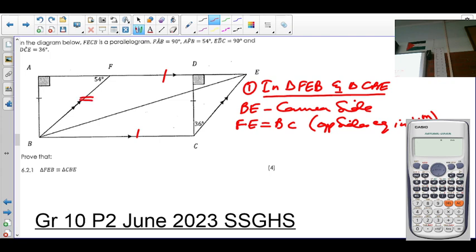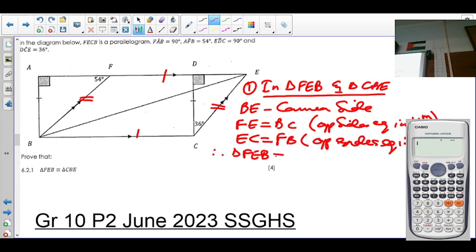Then we know that that is equal to this. So EC is equal to FB. Why? Opposite sides equal in parallelogram. So therefore, triangle FEB is congruent to triangle CBE. Let's just check the order: F must correspond with C. Yes. B has to correspond with E. Yes, that is the case. And the reason is side, side, side.